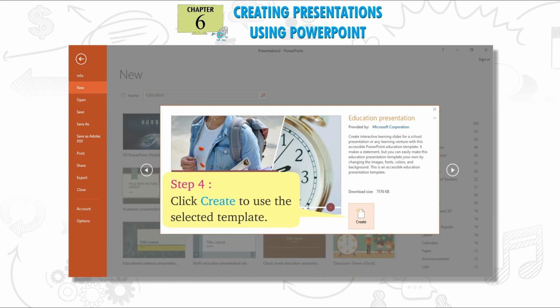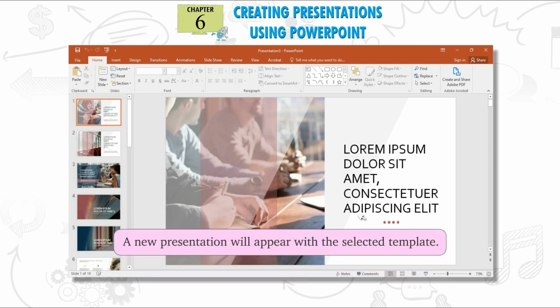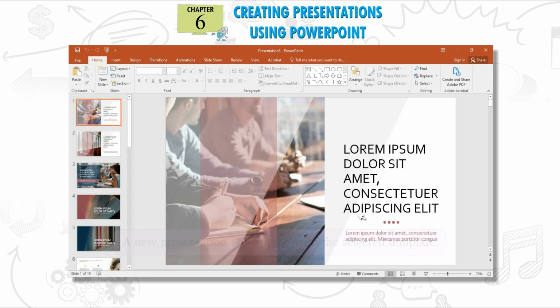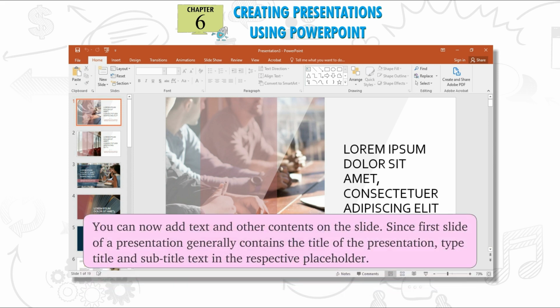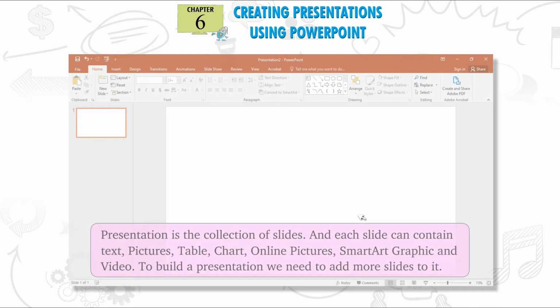Step 4. Click Create to use the selected template. A new presentation will appear with the selected template. You can now add text and other contents on the slide. Since first slide of a presentation generally contains the title of the presentation, type title and subtitle text in the respective placeholder.